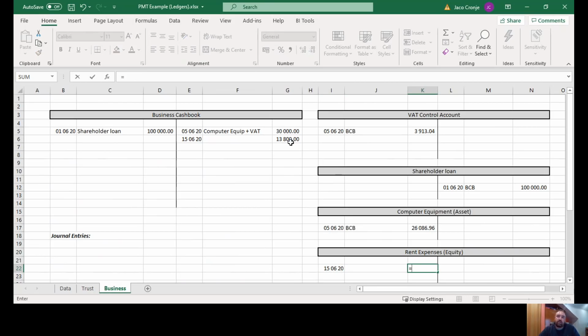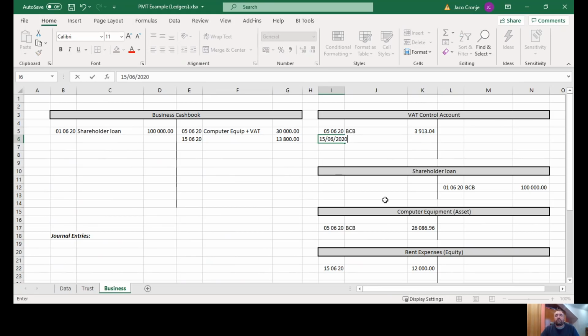It's my inclusive amount divided by 1.15, which is 12,000. And if I add it up together now, you'll see my debits and my credits don't match, the 13,800 there and 12,000 there. So I am short a debit of 1,800, and that is my VAT portion.